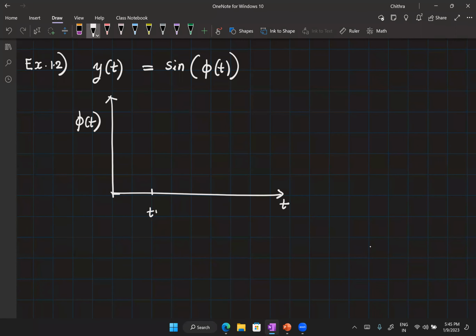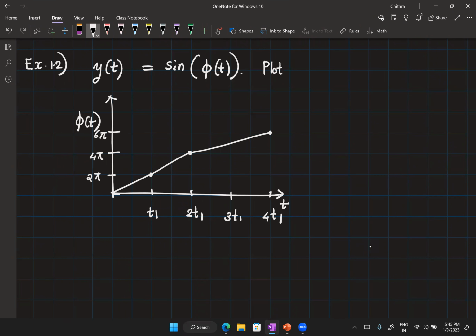Let's say this is T1, 2 T1, 3 T1, and 4 T1. This is 6 pi. Okay, so you have to plot y of t.